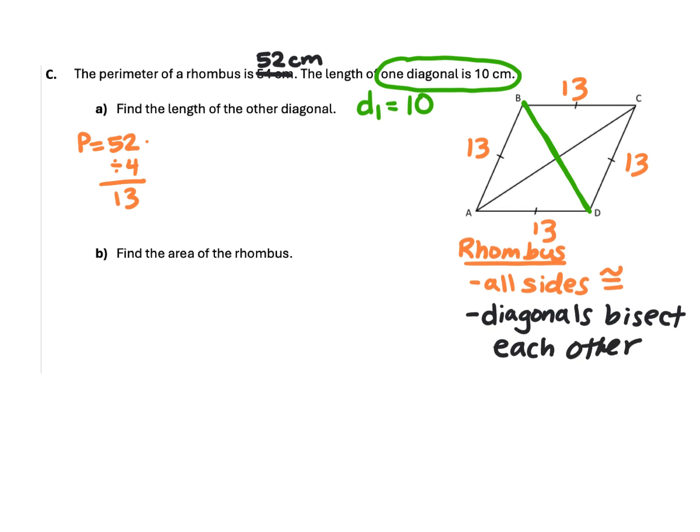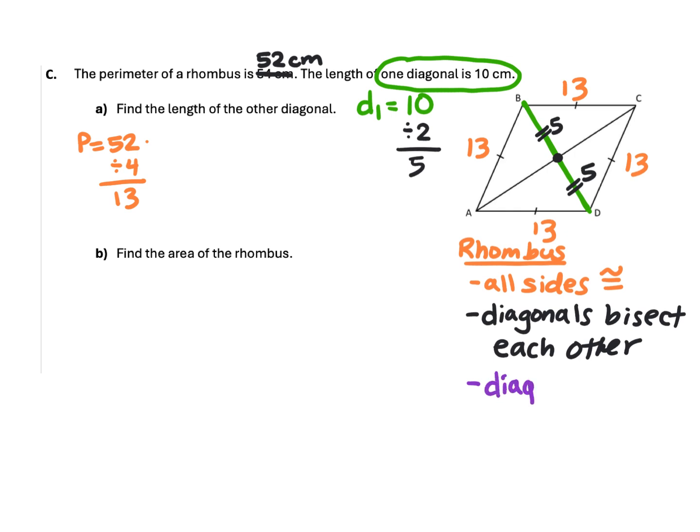So that means that it's cut in half. So this half and this half are going to be the same, right? So if the diagonal 1 is 10, let's take half of that, 10 divided by 2, and we get these sides as 5.